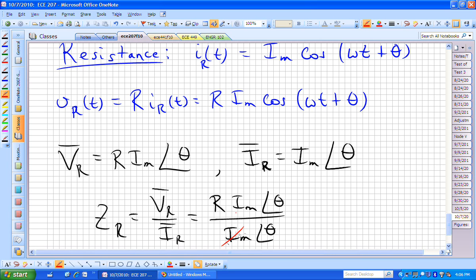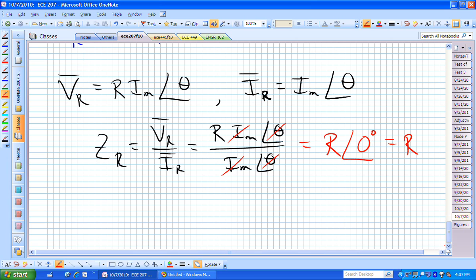Now we can just get crazy with how we can clean that up, and that just becomes R. We have theta minus theta, and that is not theta or phi, that's 0, isn't it? That shouldn't have a line going horizontally or vertically in it. That's a 0. This is now R. So it's not even complex.